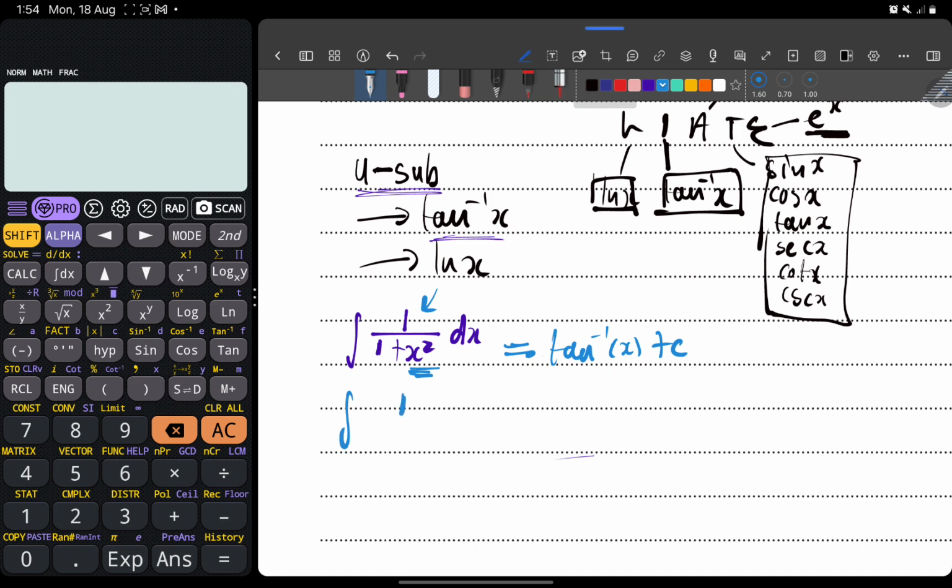And if you integrate 1 over some number, but you put it as some number squared, plus x squared, and you're integrating with respect to x, then you're going to get 1 over a tan inverse of x over a plus c. Look at what you should see here: it should be an x squared, class.